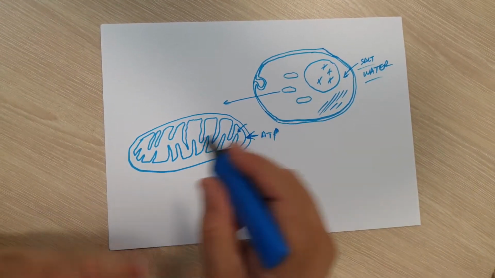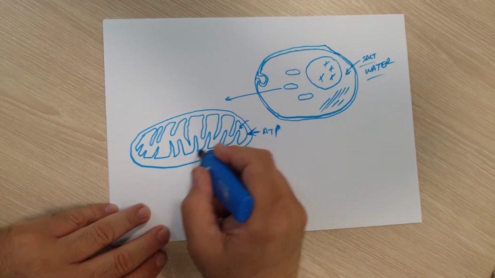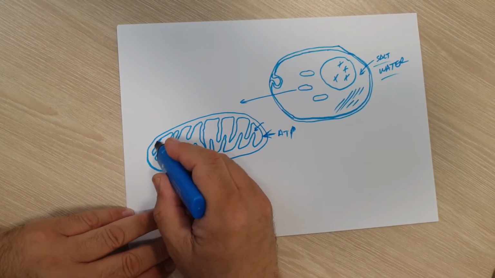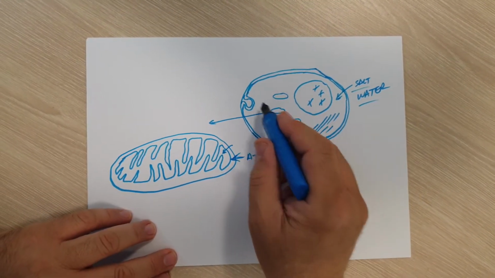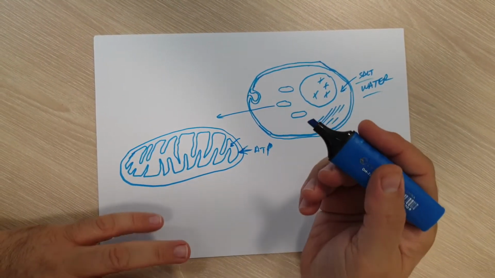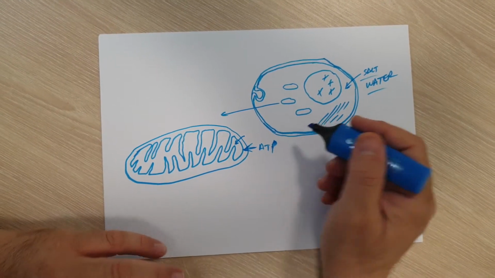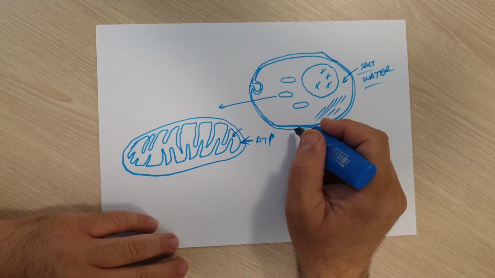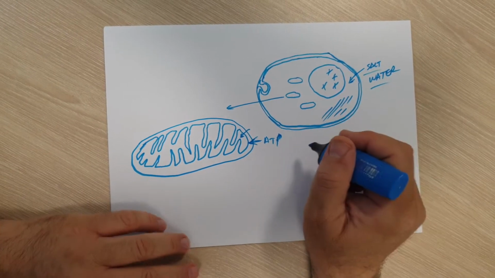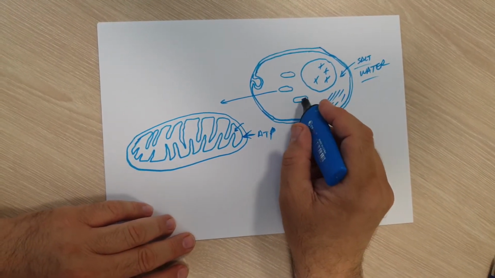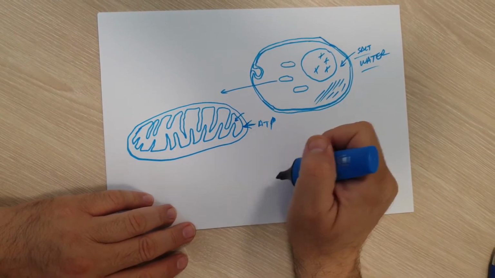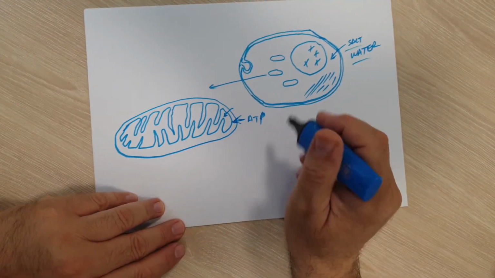Then it does it again and again and again. All these villi are basically areas where this is happening, and every one of these is sitting on its own in here. We may have hundreds or as many, depending on how big the cell is and how active the cell is. You may have few, you may have a lot of them in there, and they are doing these things all the time.